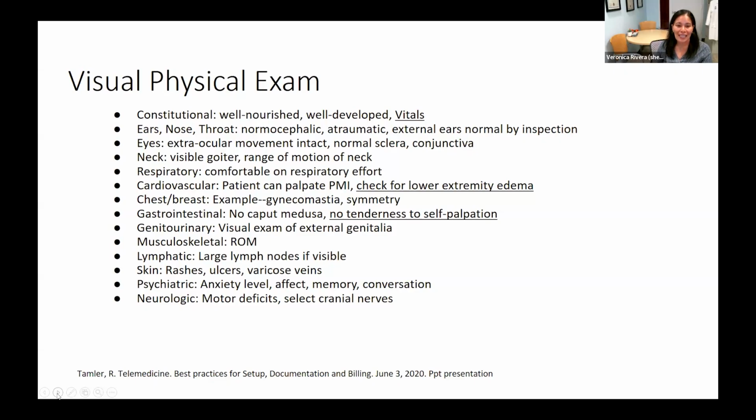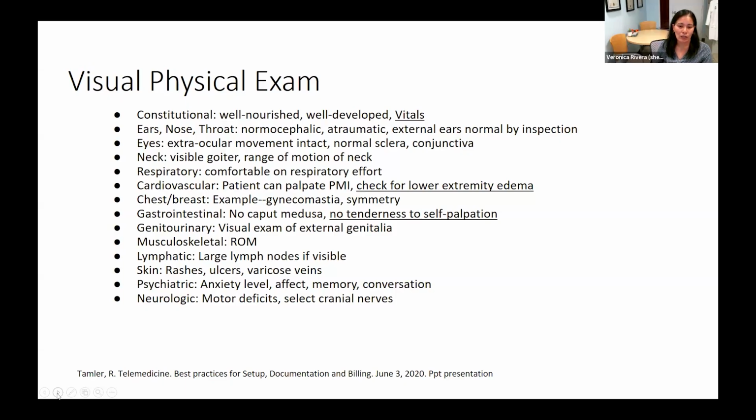For a GI exam, you can ask the patient or family member to do self-palpation to look for tenderness, and you can visually look at the abdomen for size and fullness. You can do a visual exam of the external genitalia, musculoskeletal exam. You may be able to look at some range of motion for certain joints or gait assessment.